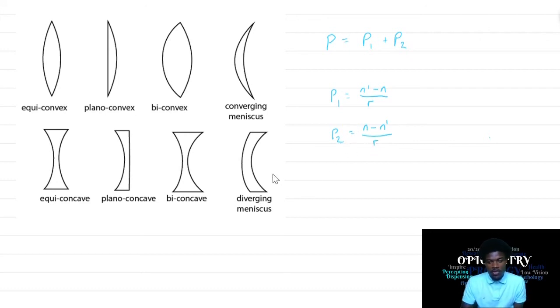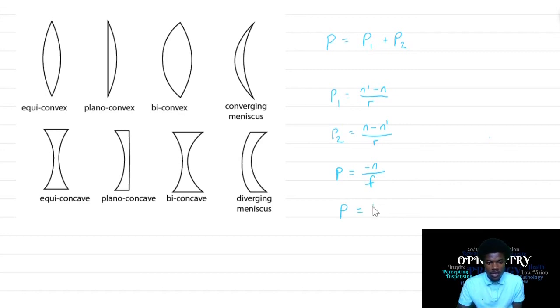One other thing to note: how will we be able to find the focal lengths of the thin lens? It's simply P is equal to minus N over F. As we can see, this will be for the primary focal point. How about the secondary focal point?